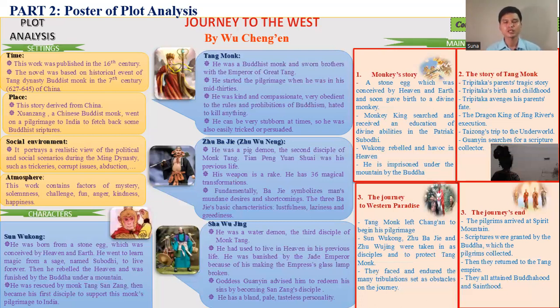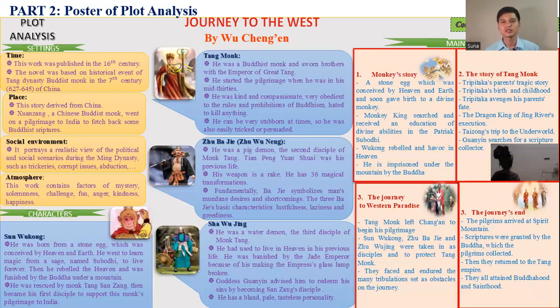As I mentioned earlier, a stone egg which was conceived by heaven and earth soon gave birth to a divine monkey, and that is Sun Wukong. After that, he became Monkey King of a group of monkeys.